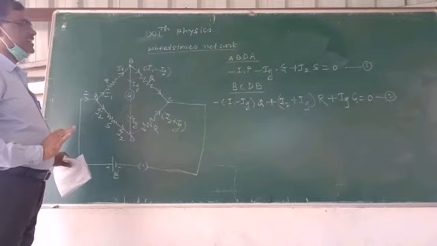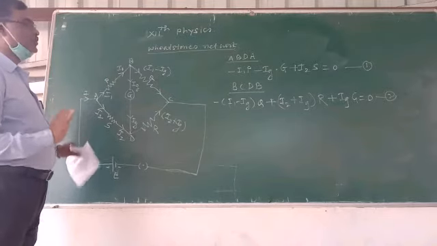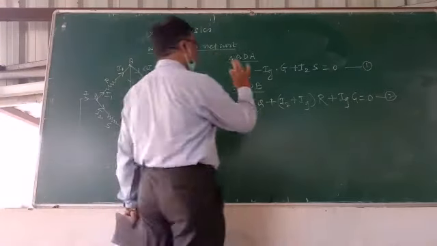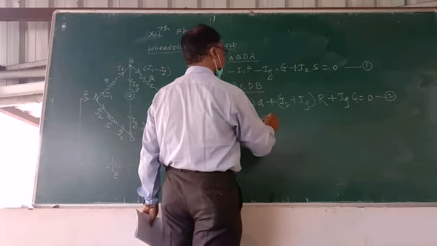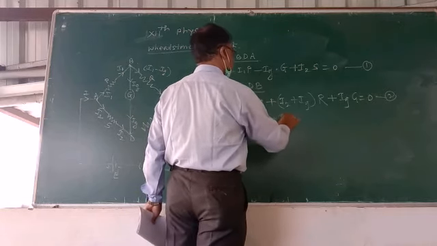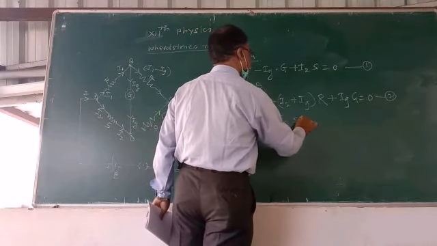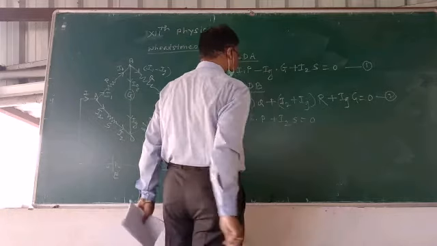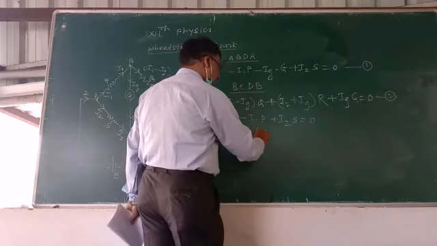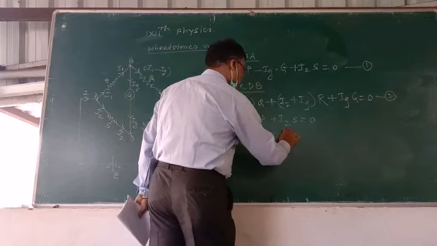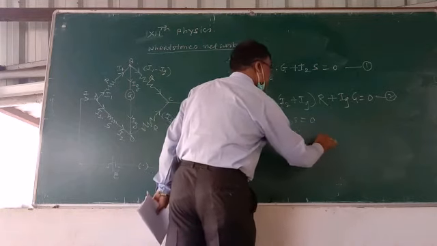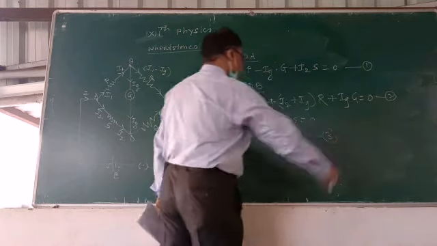Applying this condition on equations 1 and 2, Ig equal to 0, we get minus I1P plus I2S is equal to 0, that is I1P is equal to I2S. Suppose this is equation number 3.